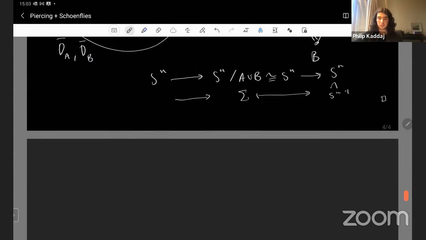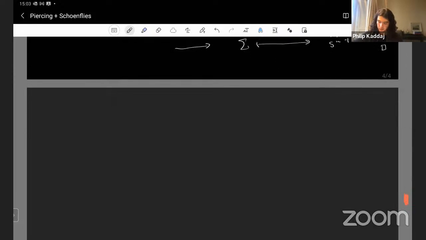Okay. So I wanted to talk about an interesting question that was posed, which was a piercing segment. Suppose we have a sphere in R^3.